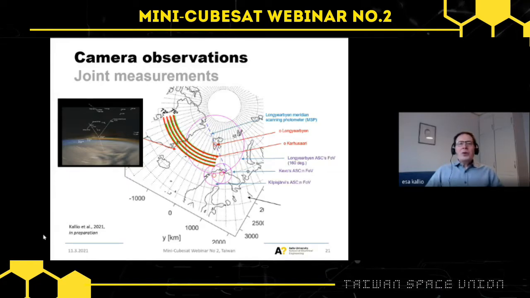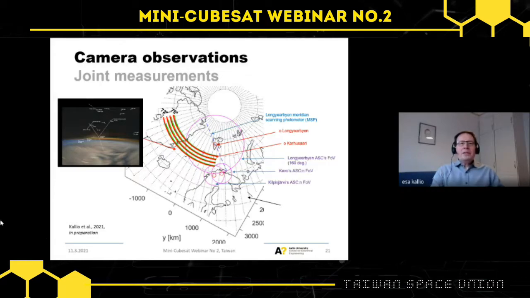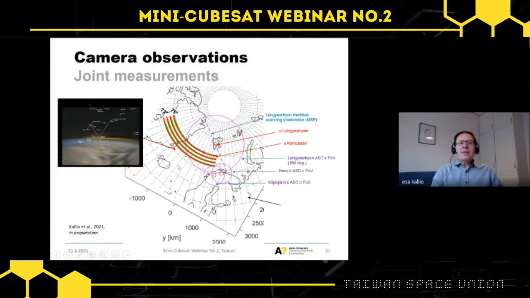Those couple of curves, green and red, are approximately the region where the auroras are located. But in addition to our photograph, we also have many all-sky cameras.